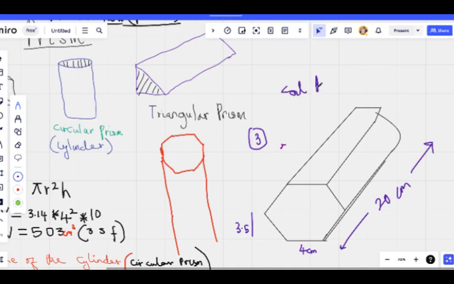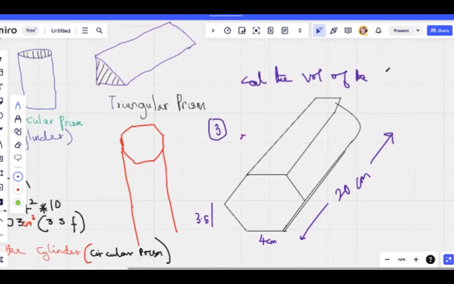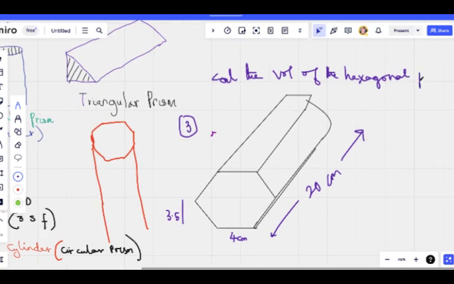Calculate the volume of the hexagonal prism.